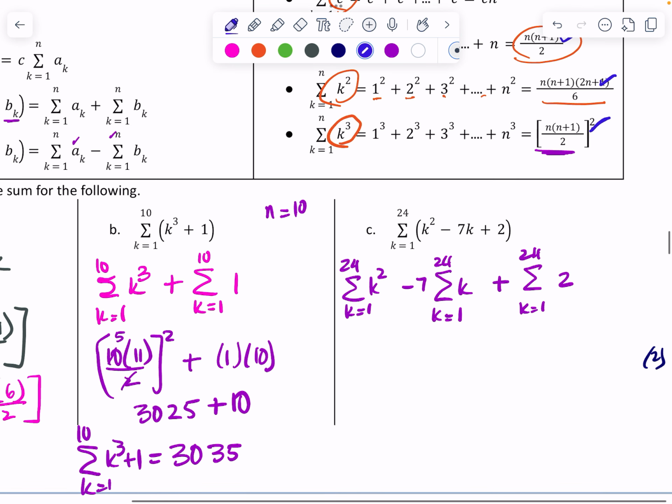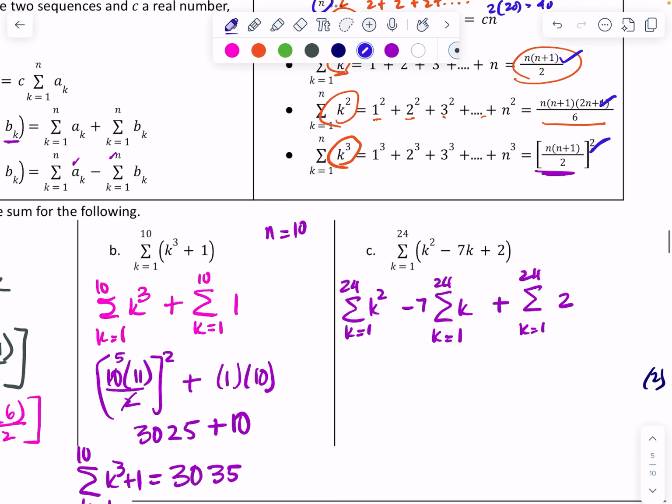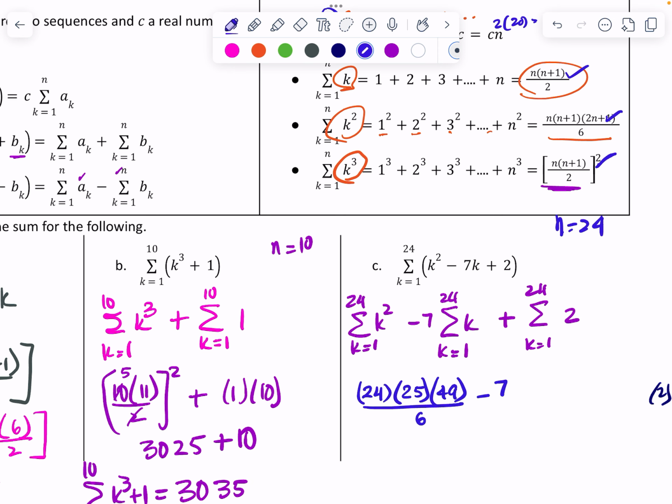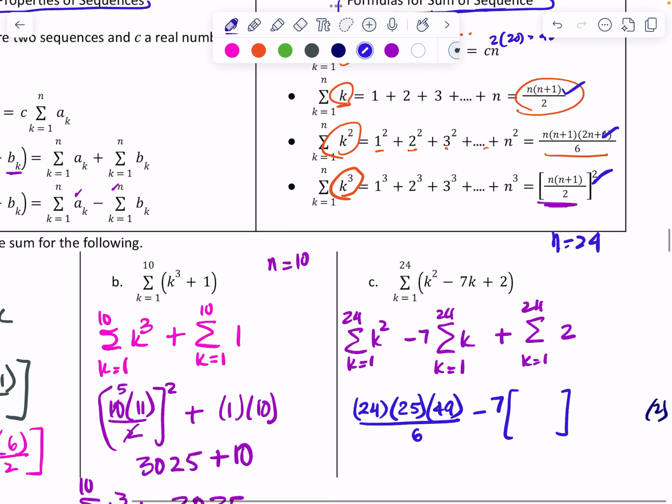Okay, use the formula for k squared, and in this case n is 24, keep that in mind. So I'm using the quadratic formula. There's 24 times 25 times 2 times 24 plus 1, 49 over 6 minus 7 for k, using the second formula, 24 times 25 over 2, and then plus 2 times 24.